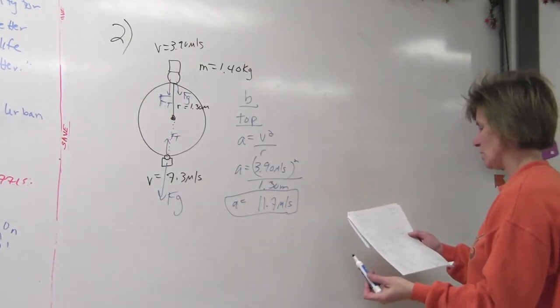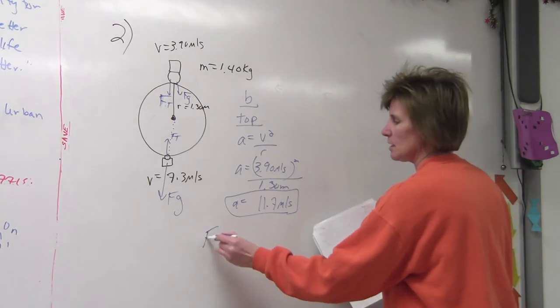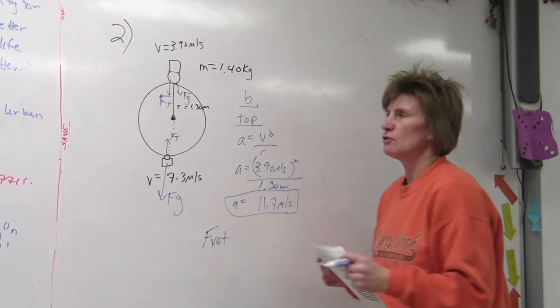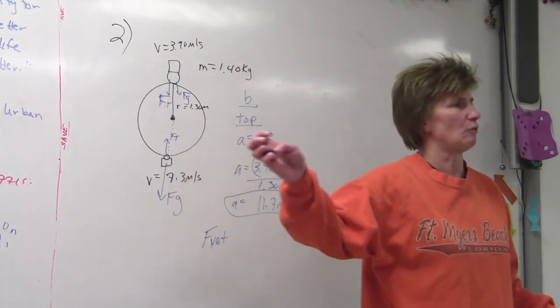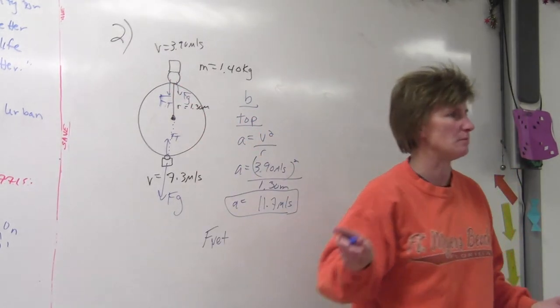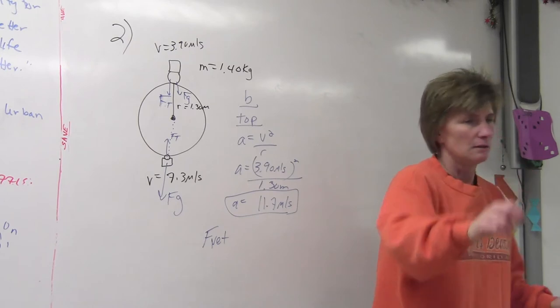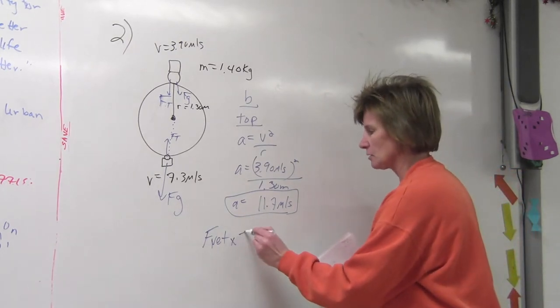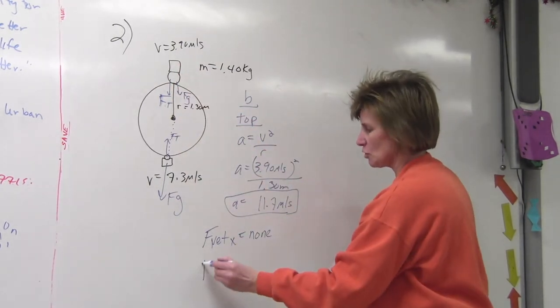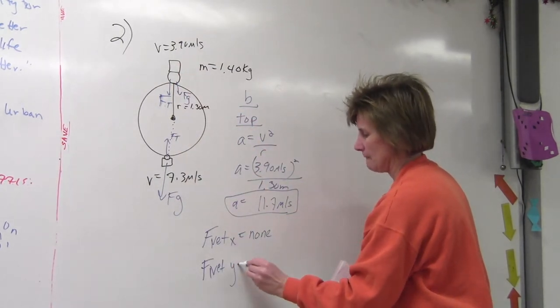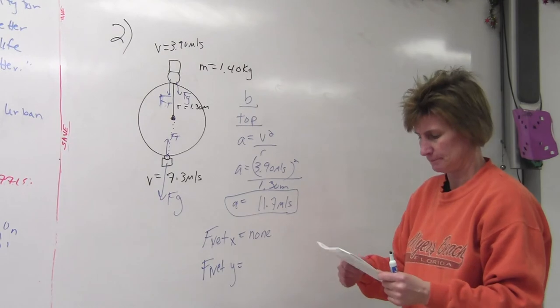So now my question is, when I look at forces, what is my net force? Let me ask you this. If we're swinging the bucket this way, is there any net force when we're looking at the straight top and the straight bottom in the X? So in the X, there is none, right? If we're saying at the top, what's my net force in the Y, in this case?